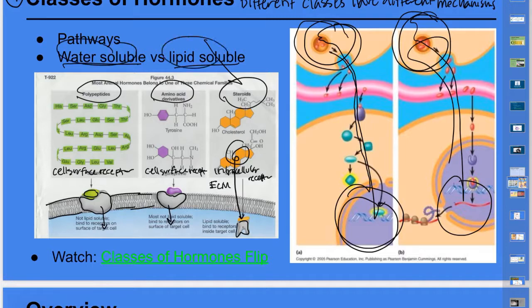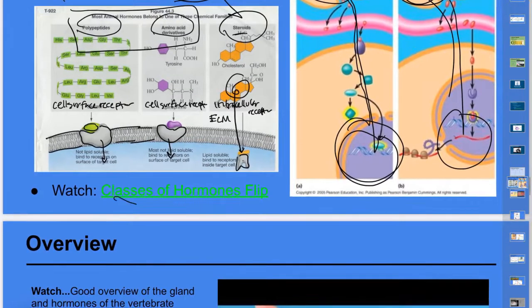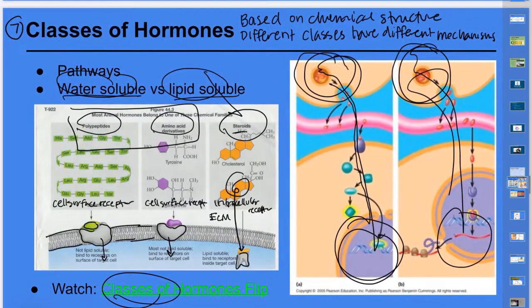What happens is the signal itself moves all the way through the lipid bilayer, and then it activates the receptor inside the cell. So two main classes, water soluble and lipid soluble, but within the water soluble we have two different classes, and in the lipid soluble we only have the one, the steroids, which are cholesterol based. That's why they're called steroids. And those are nonpolar, so they can diffuse right through the membrane.